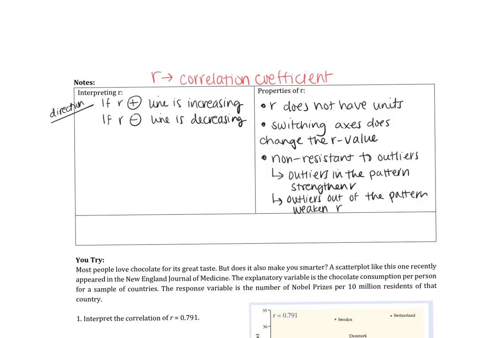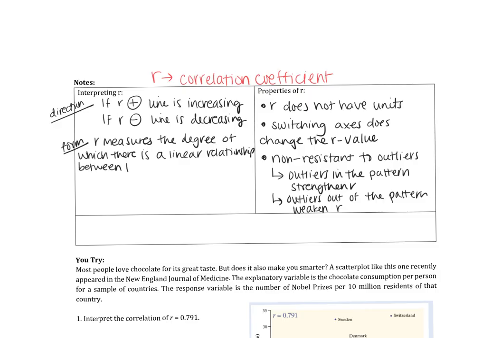Okay, R also tells us about the form, which is linear. So R measures the degree to which there is a linear relationship between two variables, two quantitative variables.